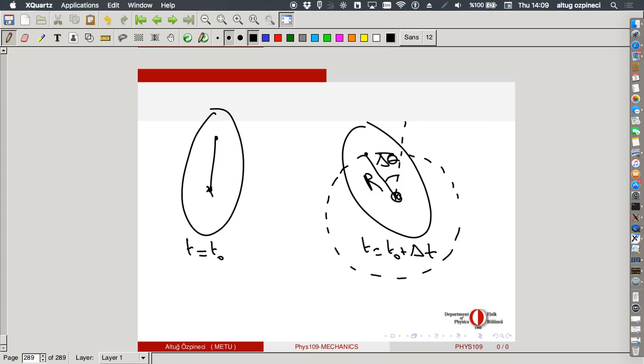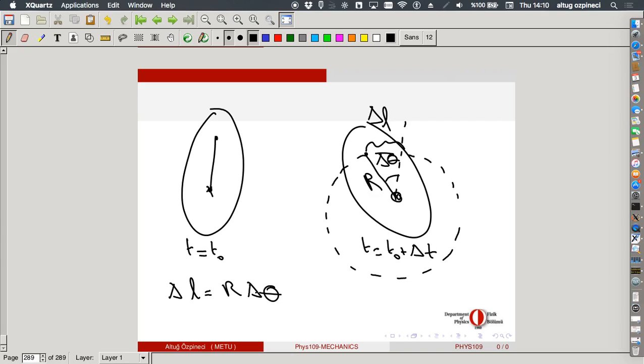How can we calculate the distance it covered? Radius times delta theta. So this distance over here, let's say delta L, is r times delta theta. So is this clear? Do you remember this?